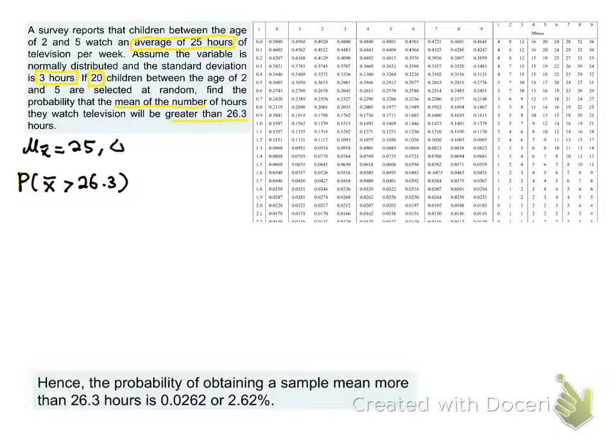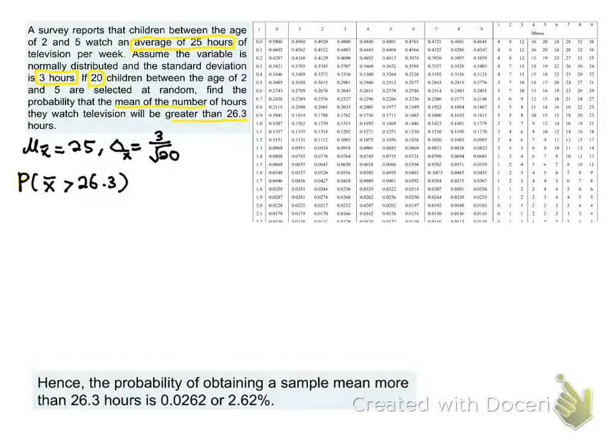Our standard deviation is 3, but we need to divide by the square root of n. Am I right? This one is the sigma for x bar. It refers to the sample mean. Okay? Clear?